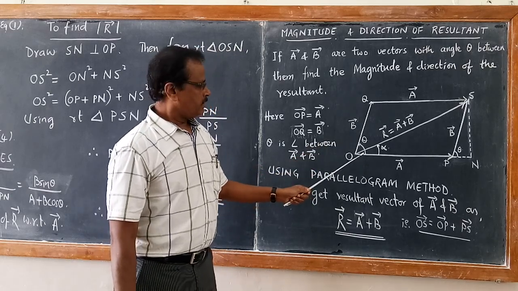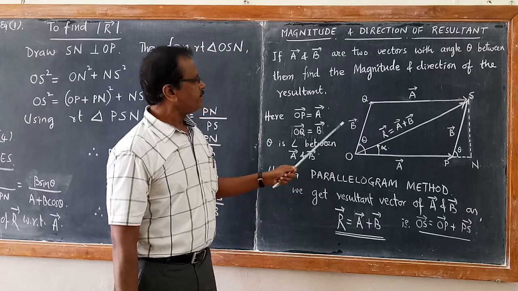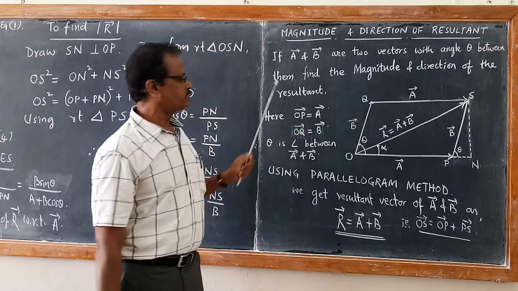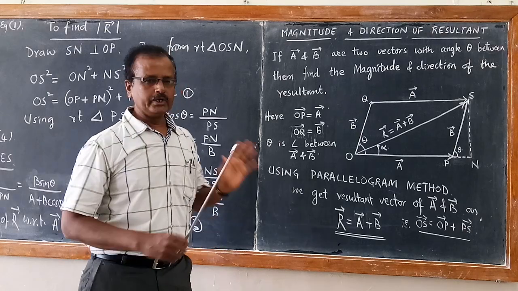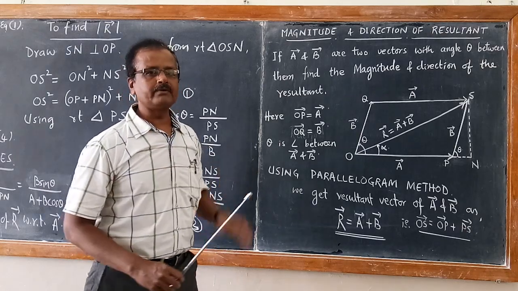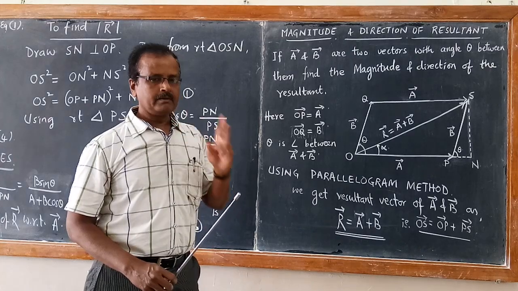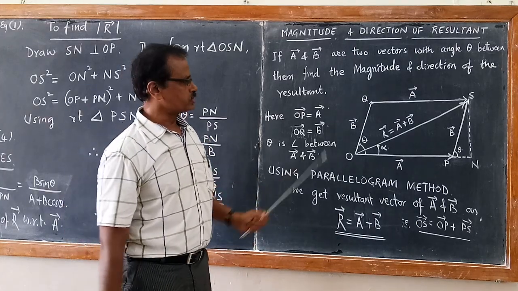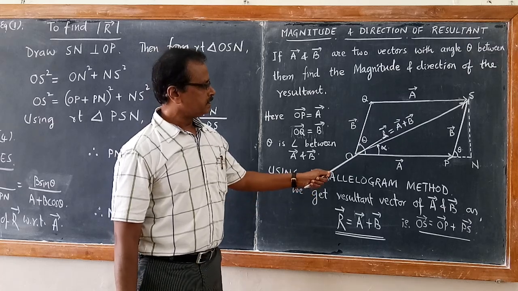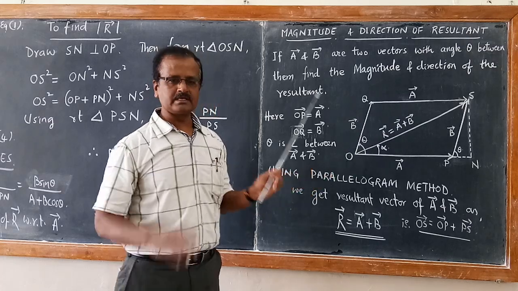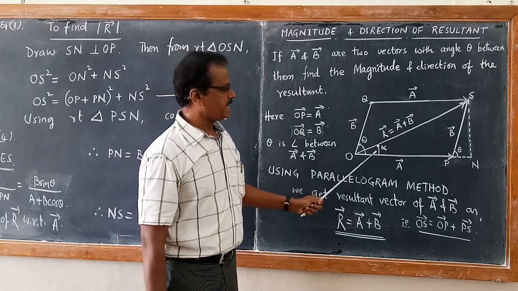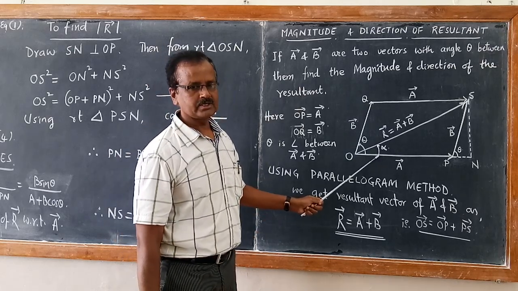You are asked to find the magnitude and direction of the resultant vector. We know how to find the resultant vector using the parallelogram method. In this question, you are asked to find the magnitude of the resultant vector, and its direction alpha.